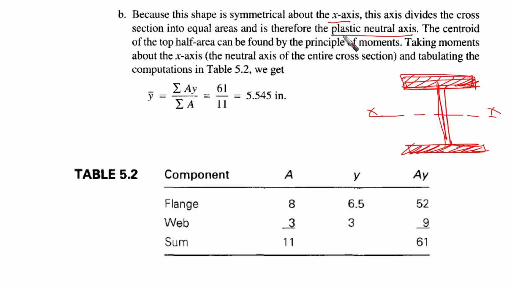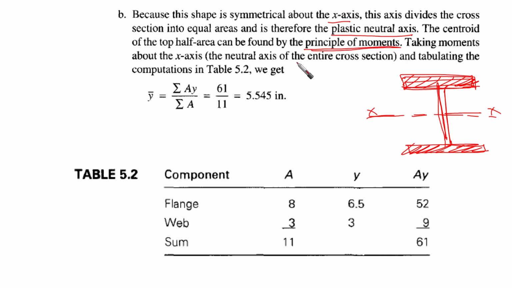Commonly it should be different than the elastic neutral axis, but here it is going to be the same because the plastic and elastic neutral axes would divide the whole cross section into two equal parts. The centroid of the top half area can be found by the principle of moments.